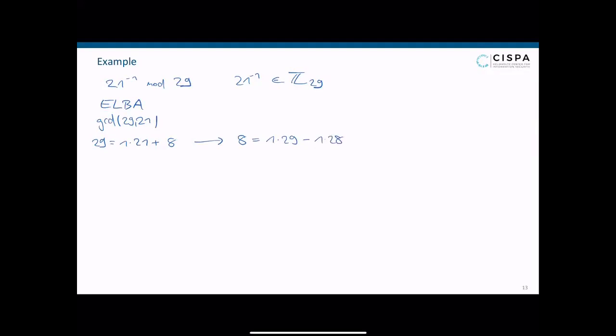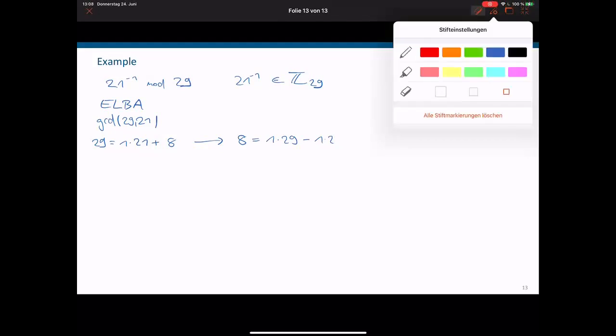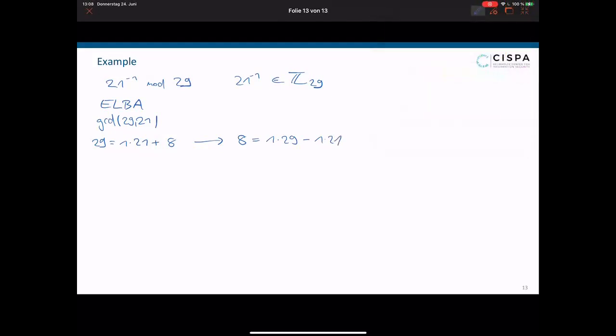We just remember that we can express 8, this intermediate result, as a linear combination of the two inputs. Oh, 28, thank you. Yeah, it should be 21. Why am I writing 28 here? 21, thank you.